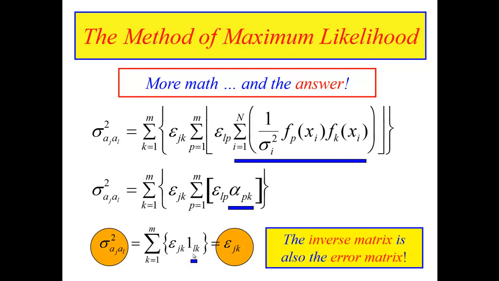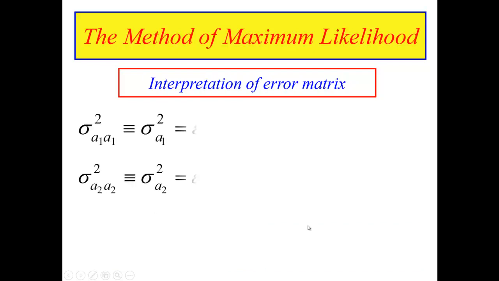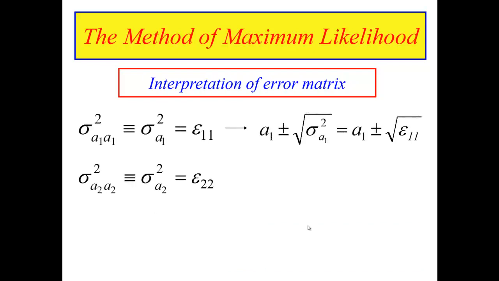So the punchline here is that this epsilon matrix, which we're now going to call the error matrix, we've already determined and used in the solution of the individual fit parameters themselves. And the really nice thing is that the elements of that epsilon matrix also give us the covariance terms that we want. It's a square matrix again. The interpretation is that the diagonal terms, for example, the 1,1 term, the 2,2 term, are sigma squared a_1, a_1, which simply represents the variance of the a_1 term, and so on.